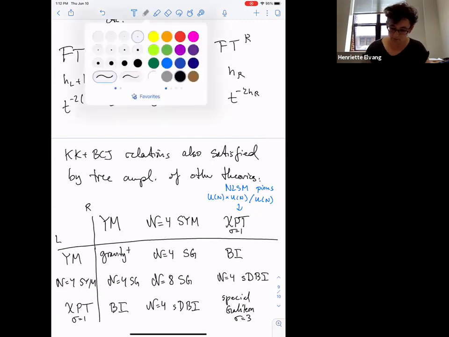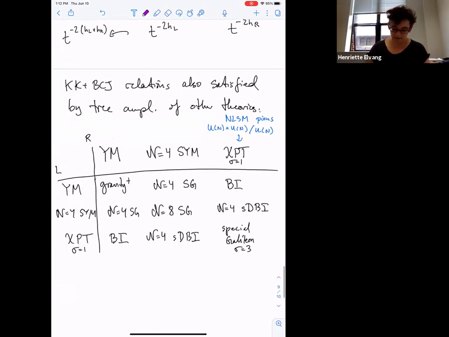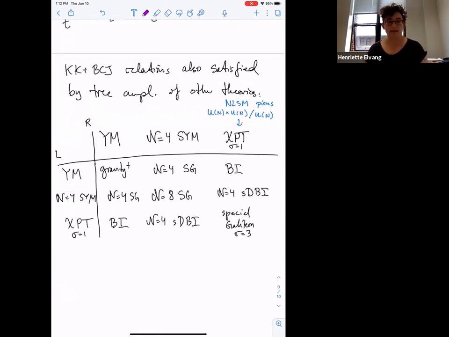I mentioned before a couple of interesting properties, namely that you see here that chi-PT times chi-PT, two theories that have scalars in them with softness 1, double copy to something with a scalar of softness 3. This is actually a general pattern that the double copy enhances softness, and that's somehow due to the kernel, but it's a very non-trivial statement.